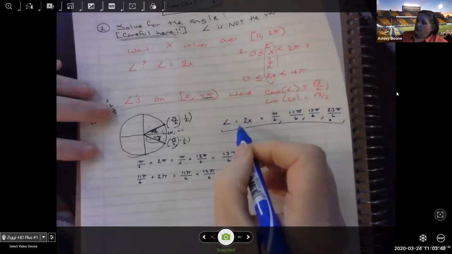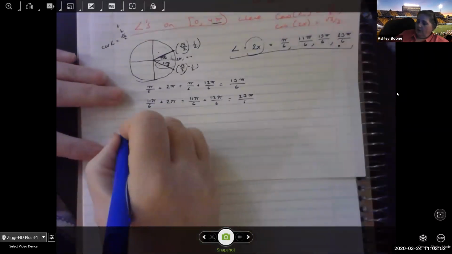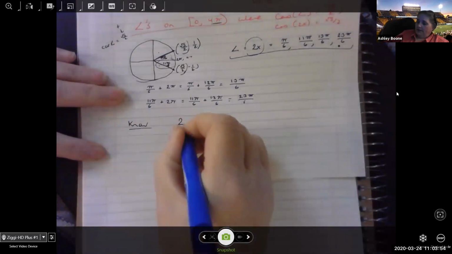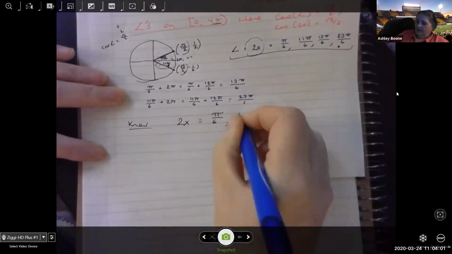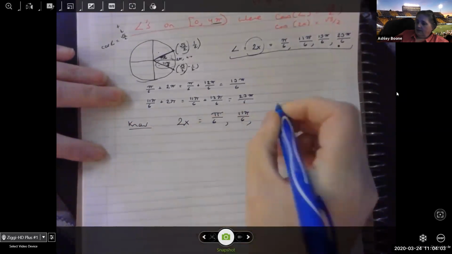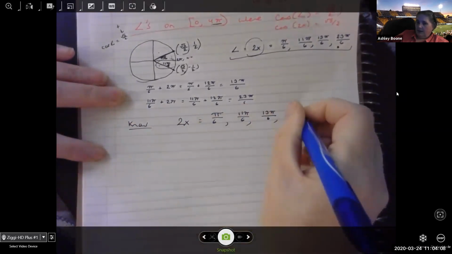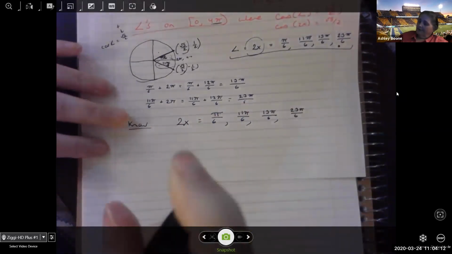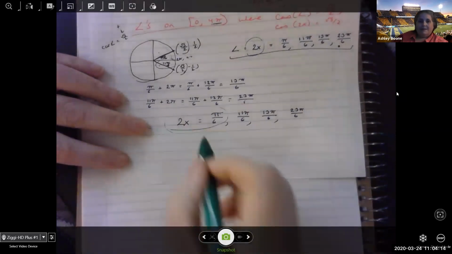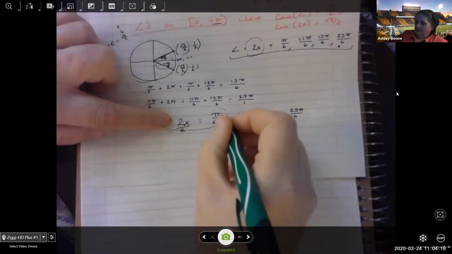We know that 2x, I'm going to move this paper up. So we now know that 2x is equal to pi over 6. 2x can be 11 pi over 6. 2x can be 13 pi over 6, or 2x can be 23 pi over 6. If you want to solve an equation, 2x equals pi over 6, we'd have to divide both sides by 2.